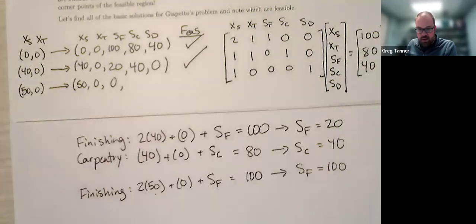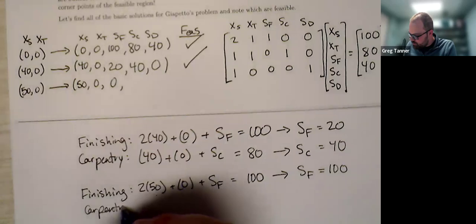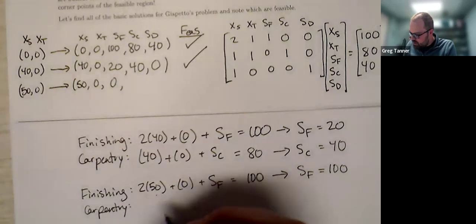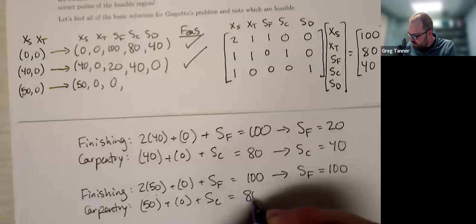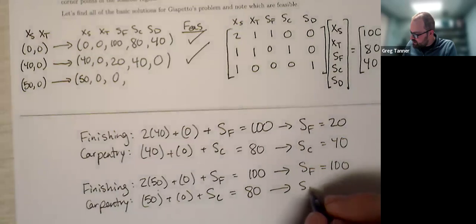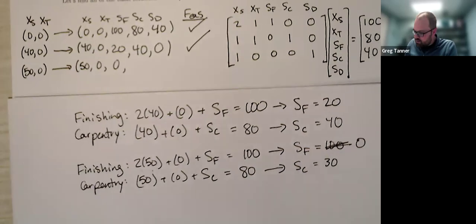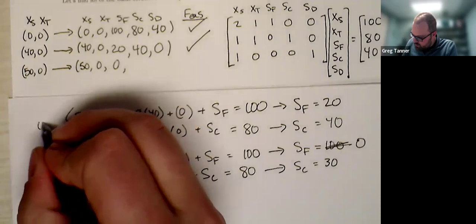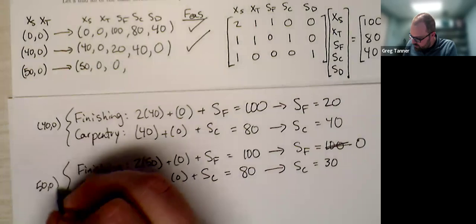So 0 for finishing. If I look at carpentry, that is 50 plus 0 plus S carpentry equals 80. Subtracting 50 from both sides, S carpentry equals 30. Whoops, I meant to write 0 up there. So these are for 40, 0. These are for 50, 0.